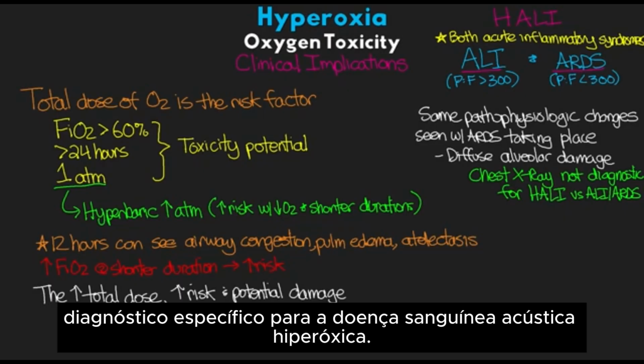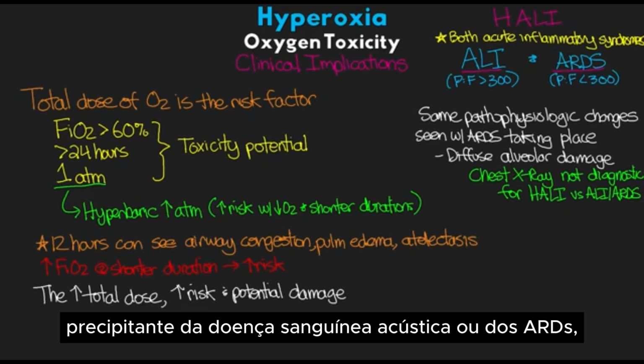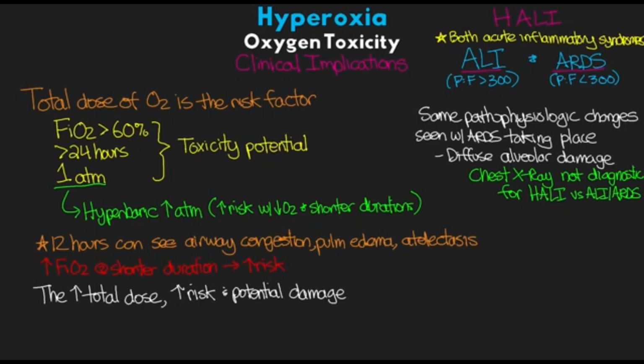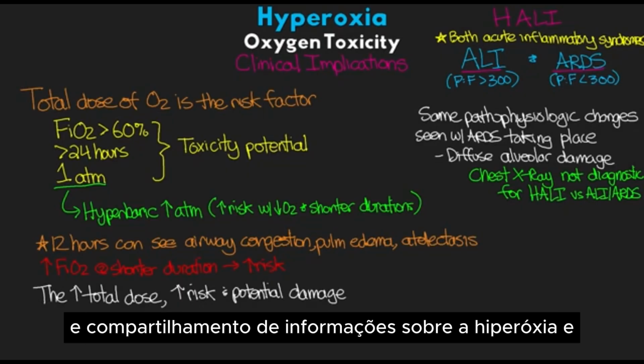All right, so that was basically my review and information sharing on hyperoxia and oxygen toxicity. Now, remember that a lot of patients that we're going to come across in the ICU are going to be in situations where no matter what, we're going to have to deliver high levels of oxygen, and sometimes for long periods of time.